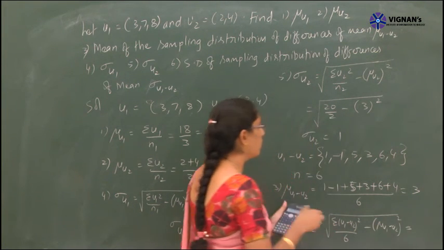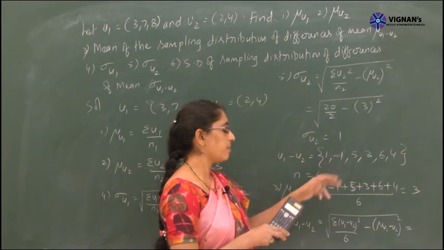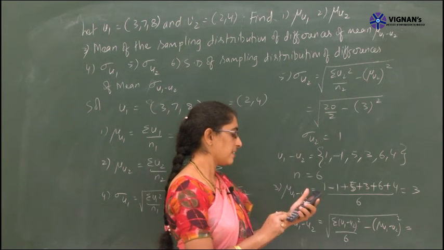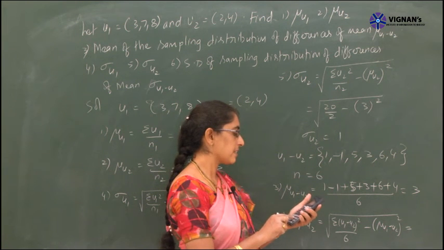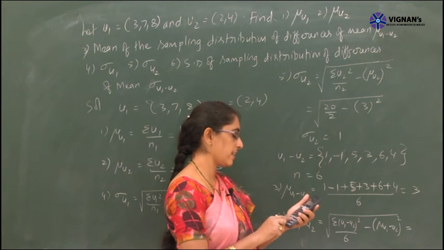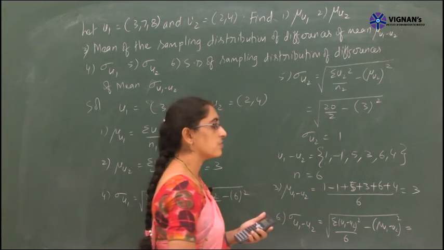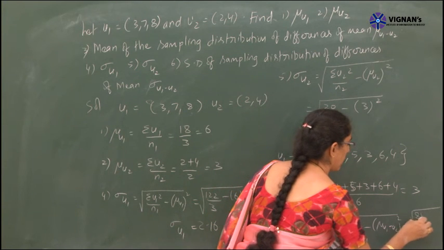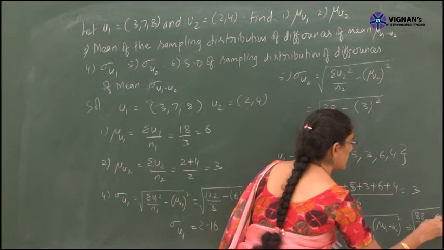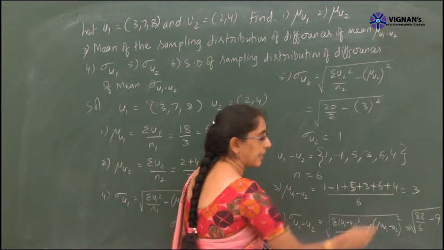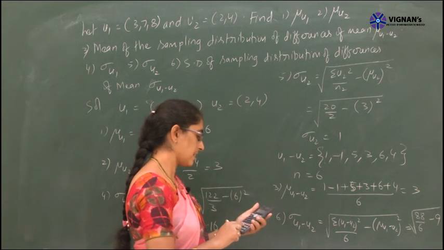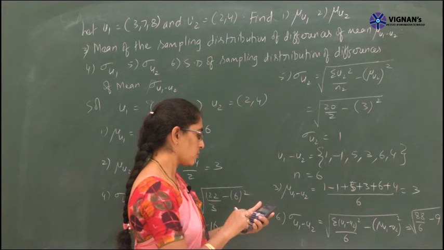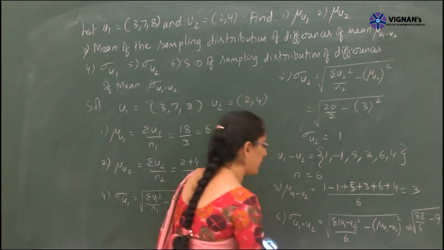What is this summation? 1 plus 1 is 2, plus 5 square is 25, plus 3 square is 9, plus 6 square is 36, plus 4 square is 16. So it is 88. So square root of 88 by 6 minus 3 square, which is 9. So 88 by 6 is 14.6 minus 9. The square root of that gives you 2.38.